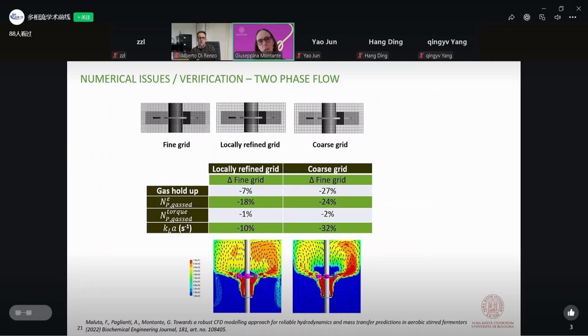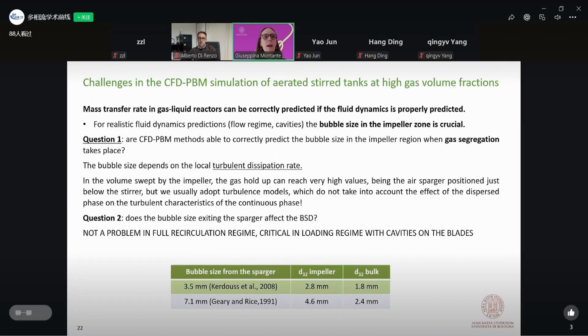Our suggestion is to refine locally close to the impeller, because we can actually use a coarse grid just outside the impeller, and the prediction accuracy doesn't change a lot if we have just a locally refined grid instead of refining all the computational domain. It seems obvious, but these aspects can save a lot of computational time.